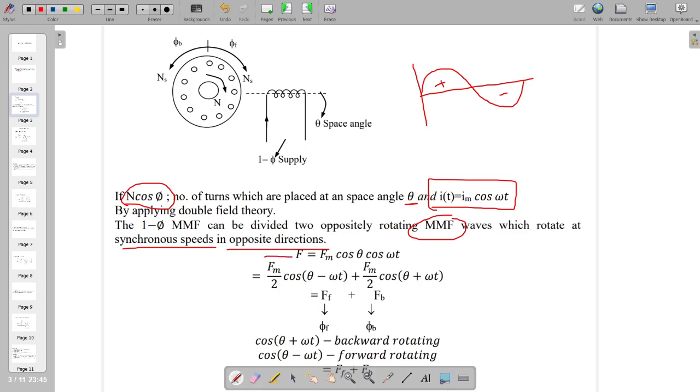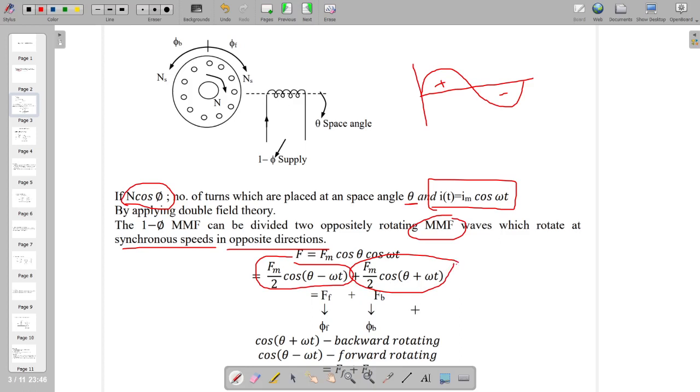The first one is the forward mmf, Fm by 2 into cos of theta minus omega t. This is the backward mmf, Fm by 2 into cos of theta plus omega t.